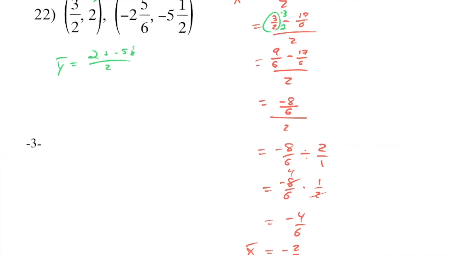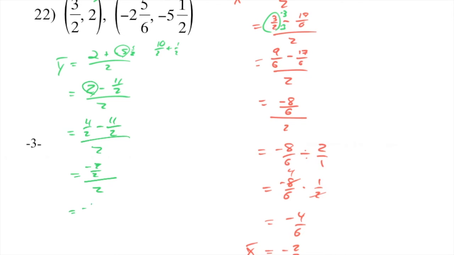So this is negative 7 halves divided by 2, which is negative 7 halves times 1 over 2, which is negative 7 fourths. Multiply everything on top, everything on bottom. So I think that's y hat, negative 7 fourths. So our median values are negative 2 thirds and negative 7 fourths, and I think that's the midpoint.